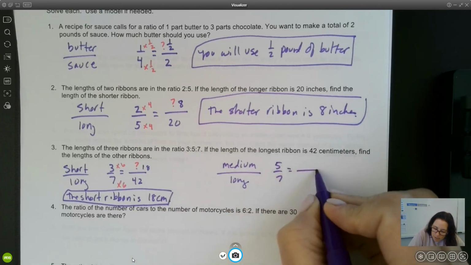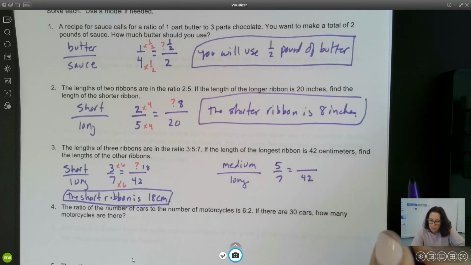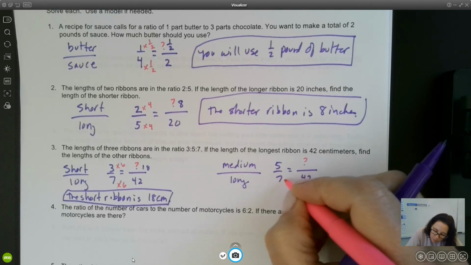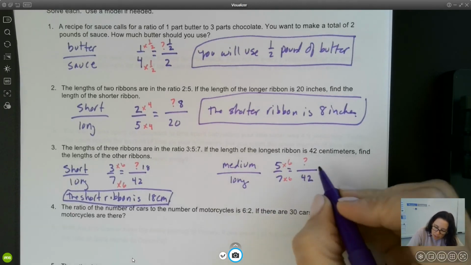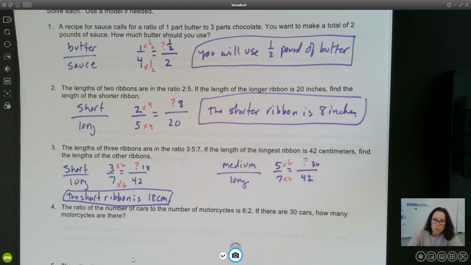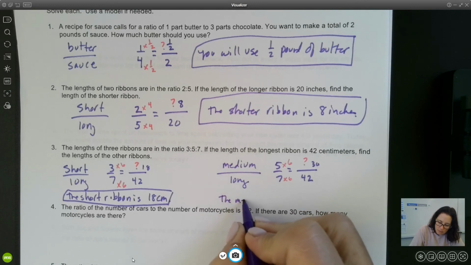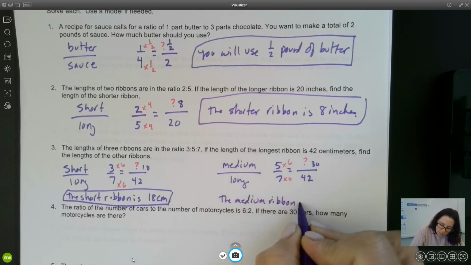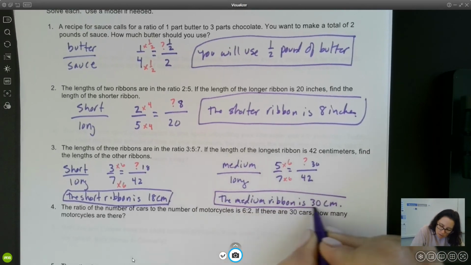And I want this to be equal to 42. Okay, so I'm trying to find this out. And again, if I'm multiplying this by 6, I better multiply this by 6. So I hope that you see 5 times 6 would get us a 30 for that. So the medium ribbon is 30 centimeters.